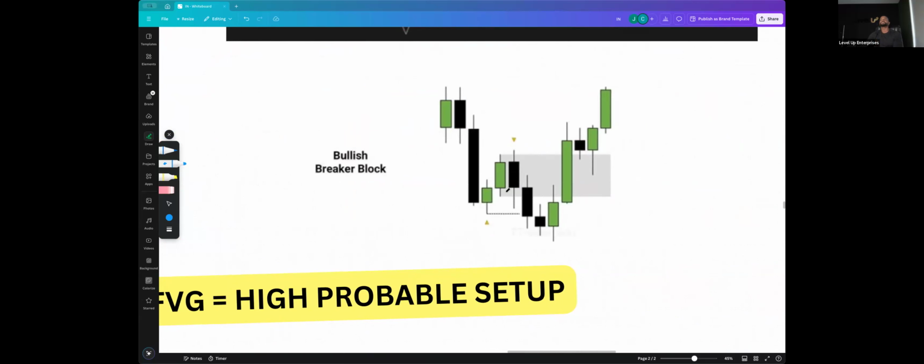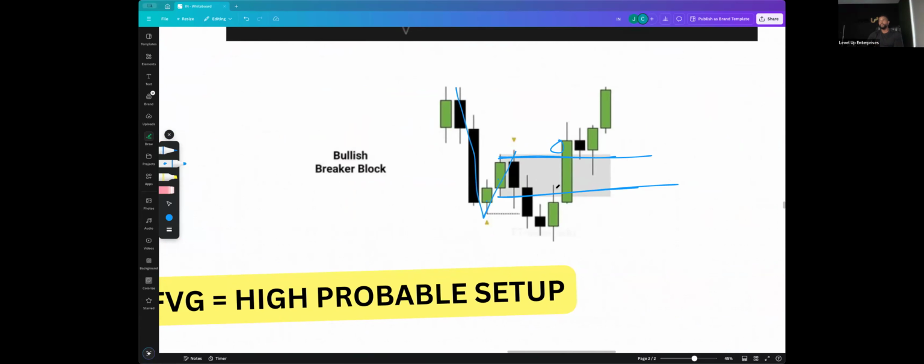Bullish order block, right? What do we get? Lower low, lower high. Within that lower high, you will have an order block. It may be 2 green candles. It may be 1 green candle. If it's 2 green candles, I want you to take the last green candle, shade it out like that. And if price closes above it, what are you going to get?